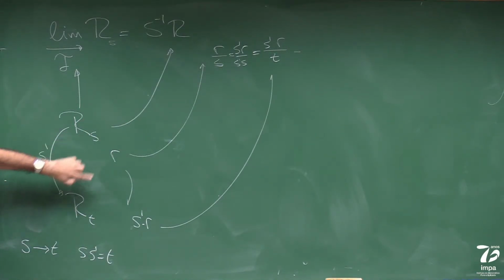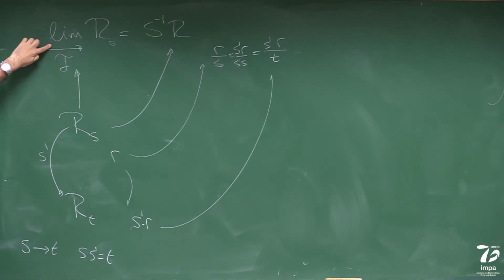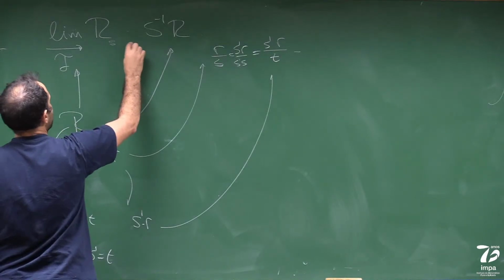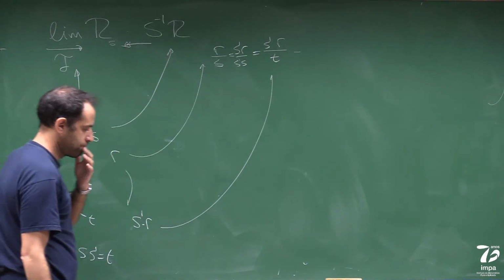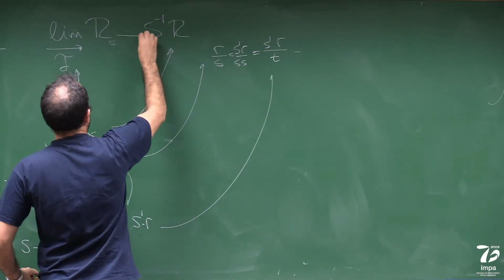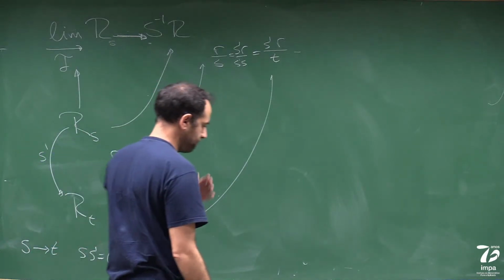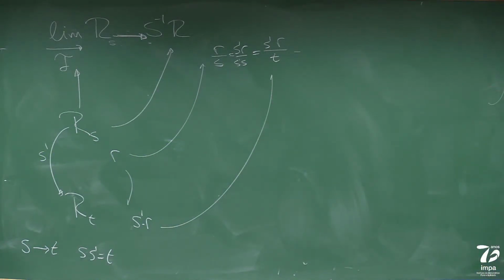Since I have this diagram commuting, the universal property of this colimit says that I have a map this way. Actually, the other way around. It means that I have a map from here to here. Now, of course, that map has to be an isomorphism.